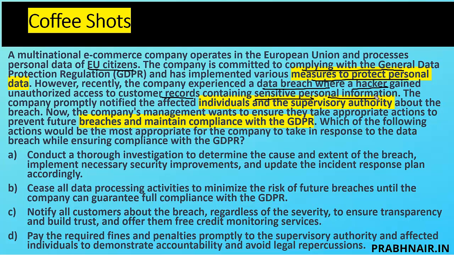The company promptly notified the affected individuals and the supervisory authority about the breach. Now the company management wants to ensure they take appropriate action to prevent future breaches and maintain compliance with GDPR. Which of the following actions would be the most appropriate for the company to take in response to the data breach while ensuring compliance with the GDPR?